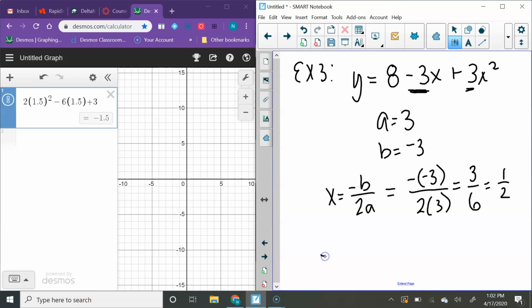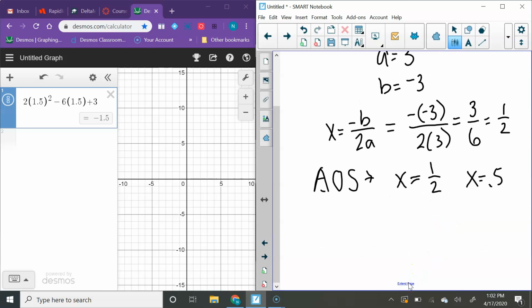So our axis of symmetry, I'm going to abbreviate this to AOS. It's fine with me if you do that. It is going to be x equals 1/2, or you could type in x equals 0.5. I'm not sure which one you have to do on Delta Math. I haven't run across a decimal one yet as I was doing problems, but you can just play with that a little bit and see.